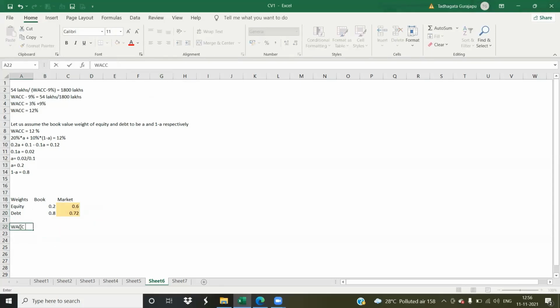Now, WACC is equal to 20% into 0.6 by 1.32 plus 10% into 0.72 by 1.32.